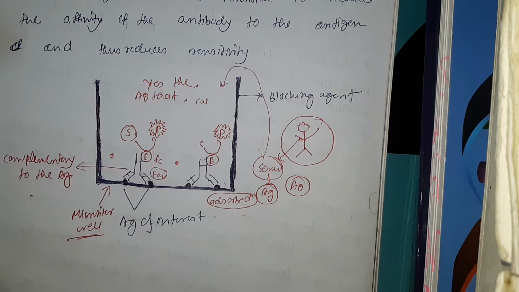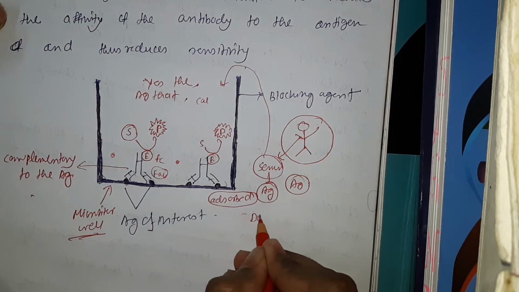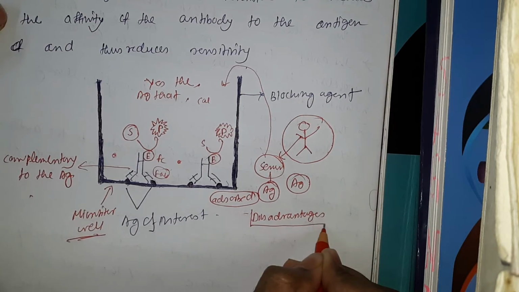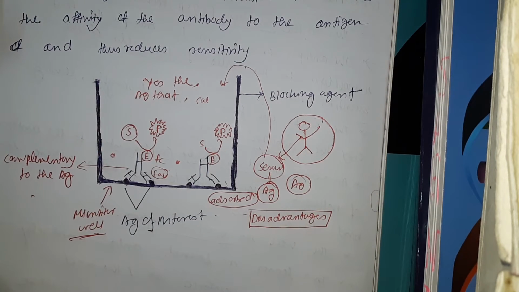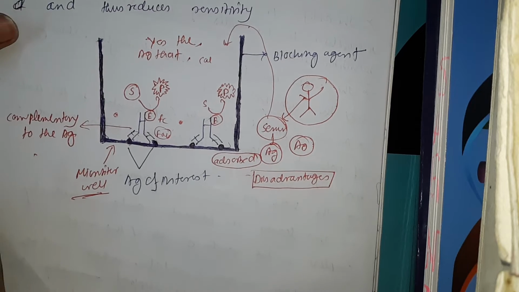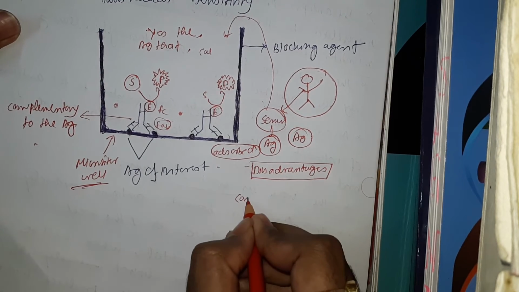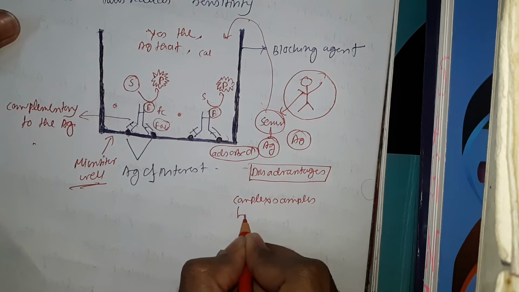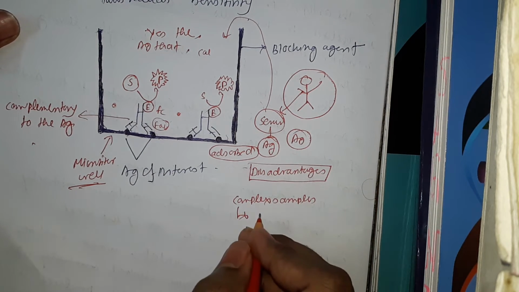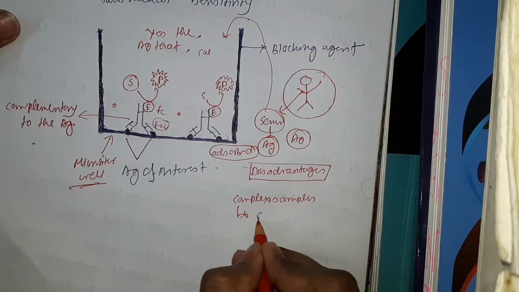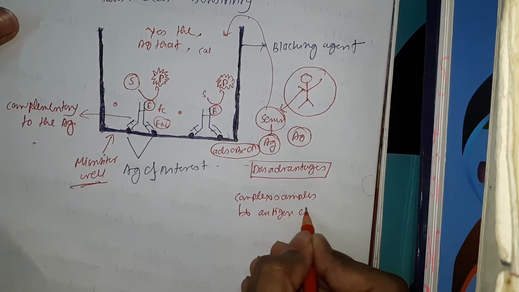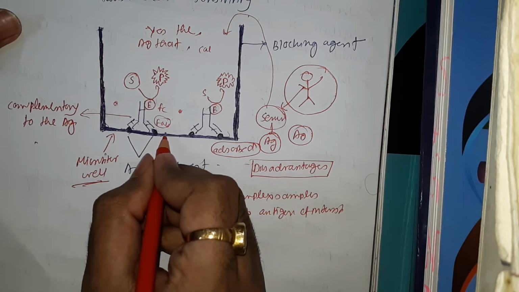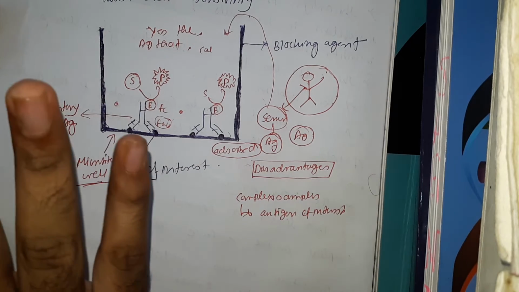But there are some problems here, some disadvantages. That is the reason why scientists developed this technique further. So what are those disadvantages? When we are talking about very complex samples containing various mixtures of antigens, along with the antigen of interest in the microtiter well, there will also be other antigens that are not the antigen of interest.